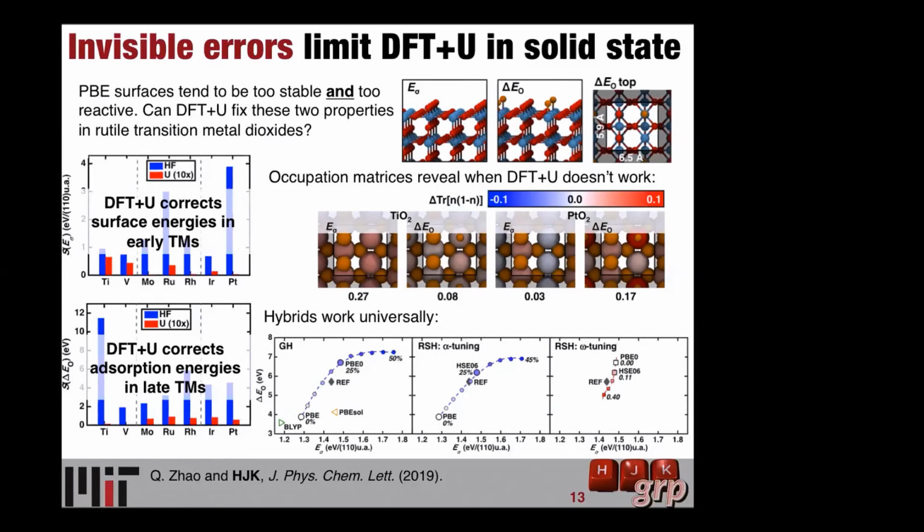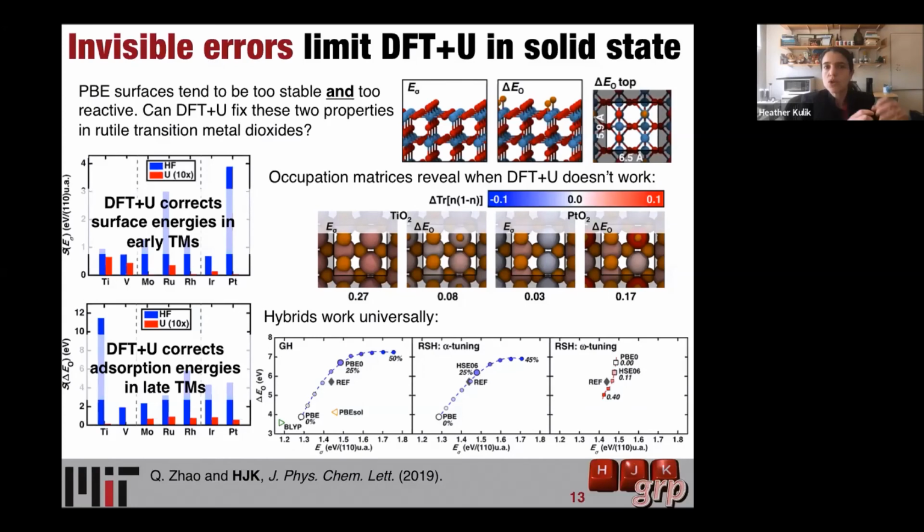Ultimately, GW in the one-shot scheme with tuning the original density is essentially a series of cancellation of errors. And because it's a perturbative technique, it's going to suffer more from static correlation error. And DFT+U already, as I mentioned, increases the static correlation error. So that's the penalty you're going to pay for doing those two together.